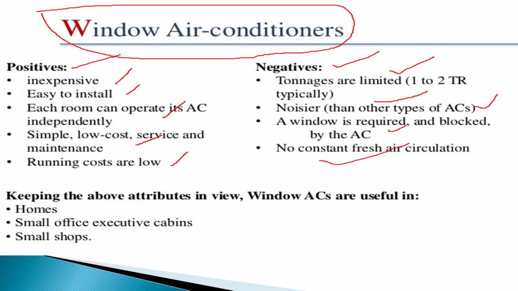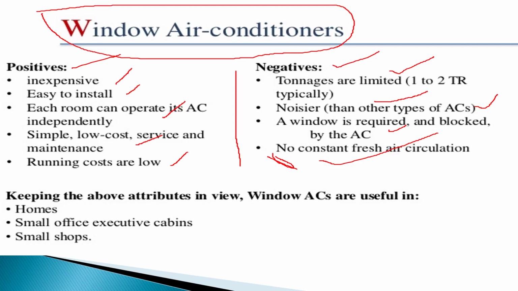There is no constant fresh air circulation. The same air from the room is drawn, cooled and then supplied, so no fresh air is added. In every cycle, the same air is drawn, treated, cooled, then supplied. So that is one problem with the window air conditioner.